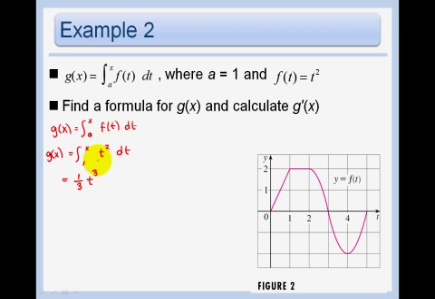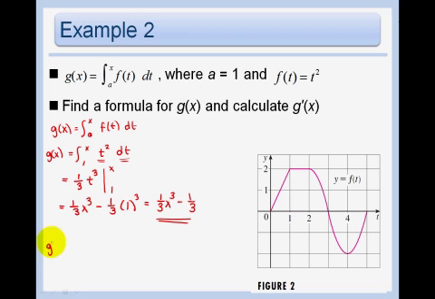Nothing fancy. This is the variable. We're taking the antiderivative with respect to that variable. We're going to evaluate this between 1 and x. So I get 1/3 x cubed minus 1/3 times 1 cubed. In other words, I get 1/3 x cubed minus 1/3. So that's what g of x equals.